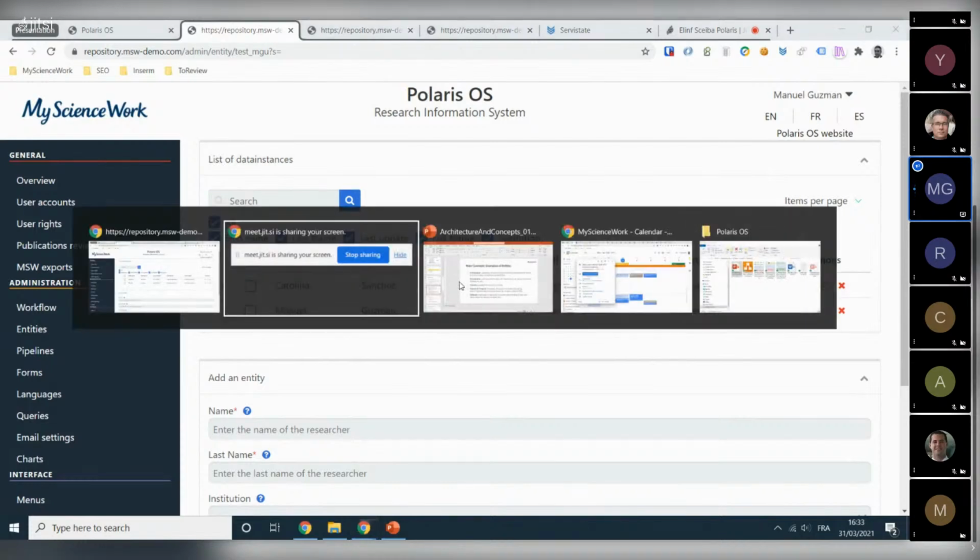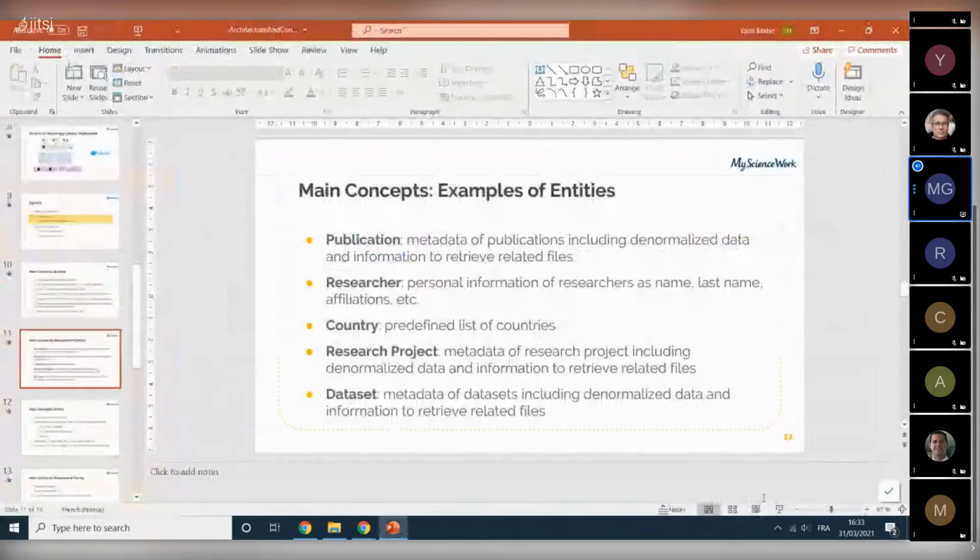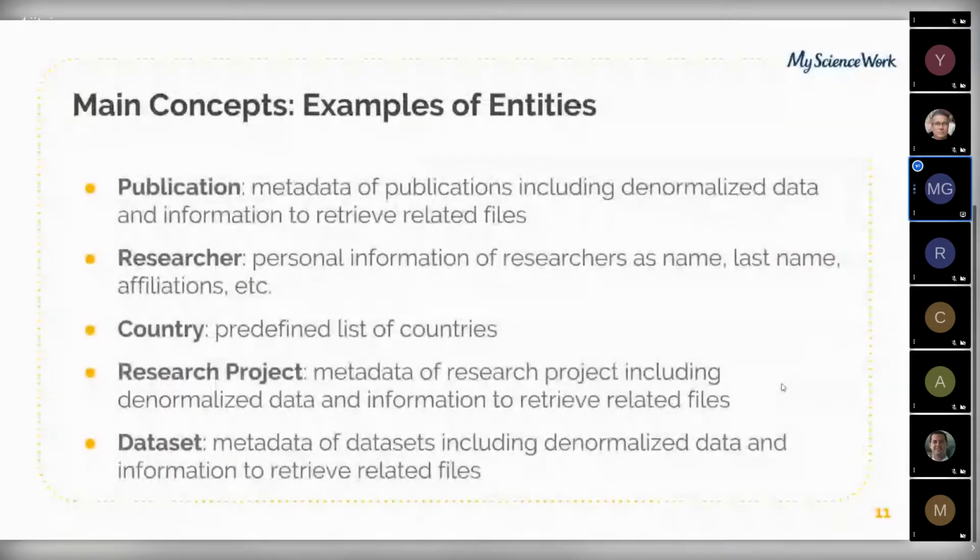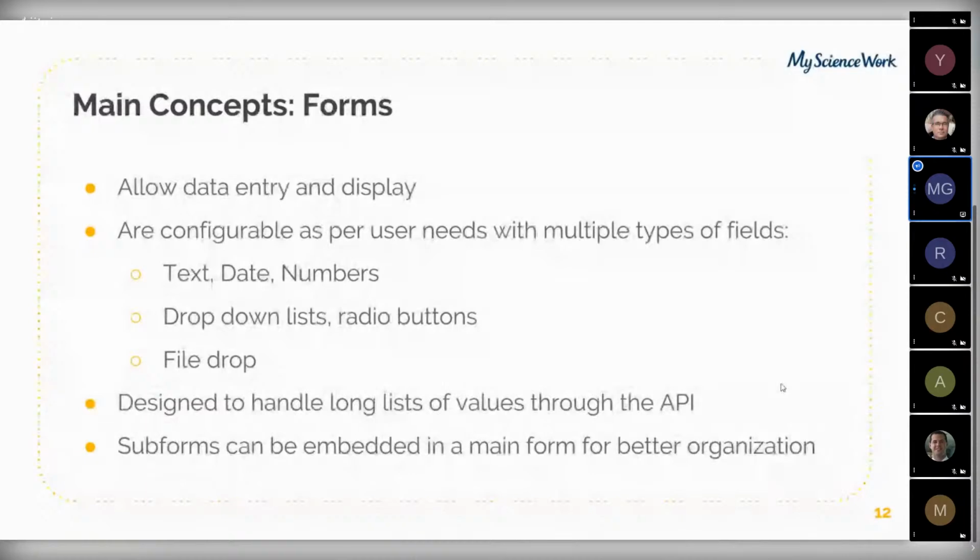Now the next point is the forms. So we have entities, but now we need to actually fill them with data. To fill those entities with some data, we need forms to let people know what they need to enter.